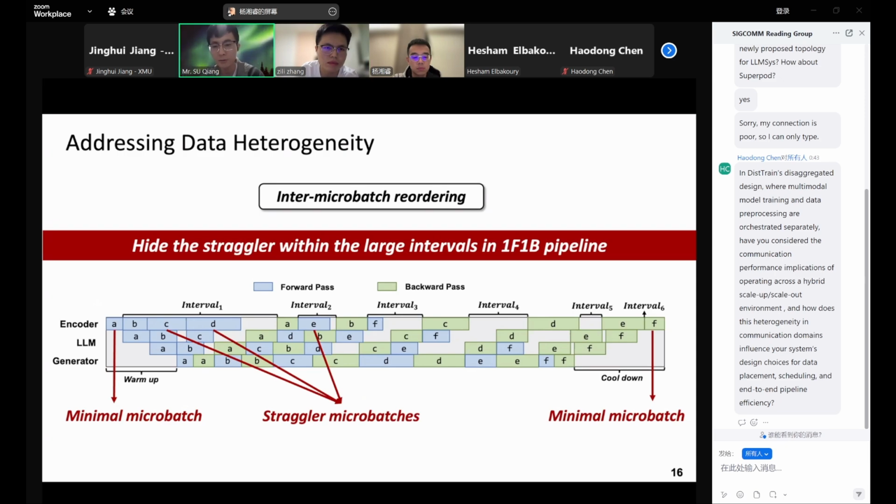Yeah. I have a question. Does Gemini 3.0 address this issue? Sorry? The Gemini 3.0. Does it address this? Yeah, Gemini, the new release, does it address this issue?